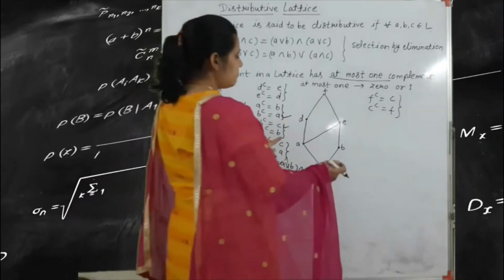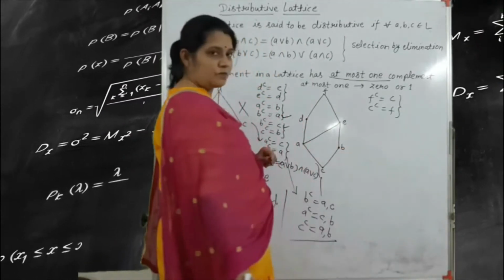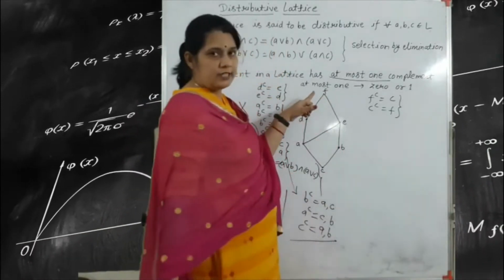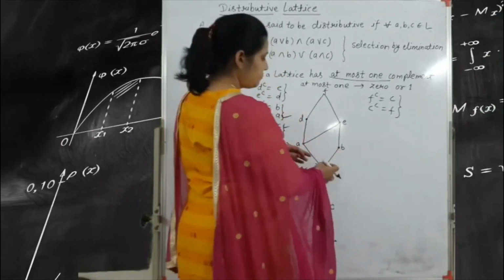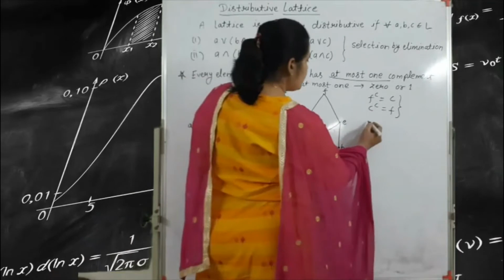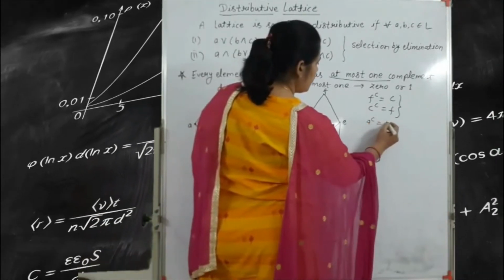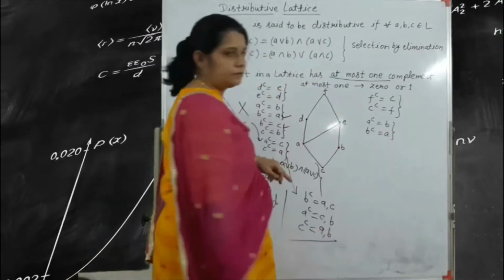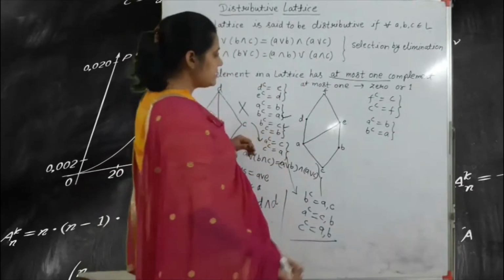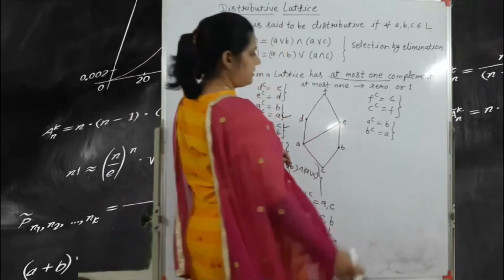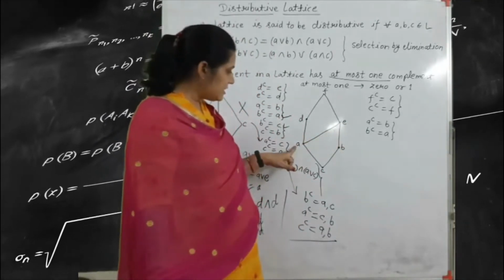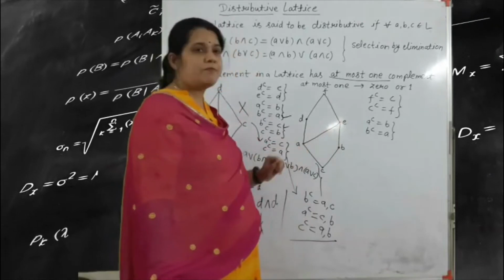In case we use A and B, the join is the top of the system and the meet is the bottom of the system. So we write the complement of A is equal to B and the complement of B is equal to A. Got it? Now according to A and E, this is the join and this is the meet.